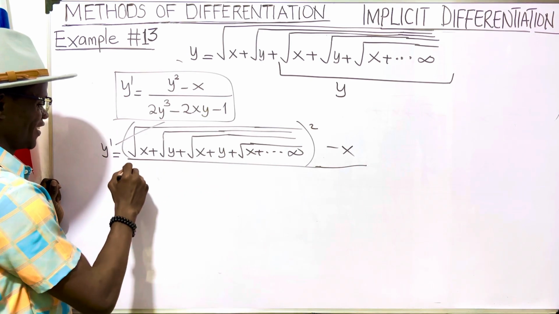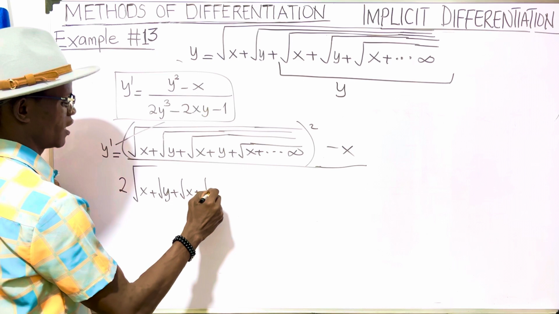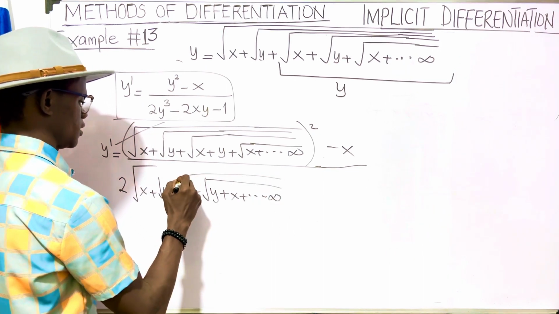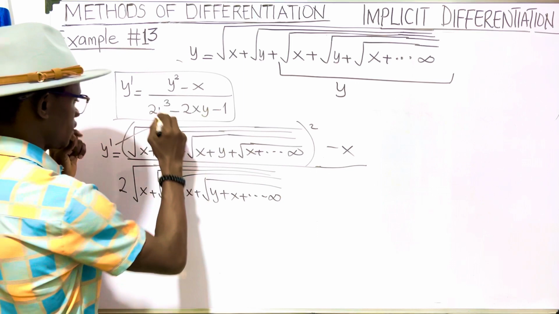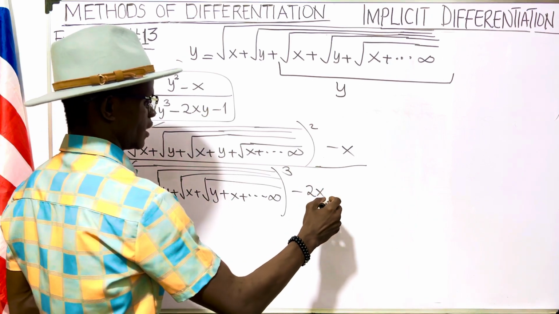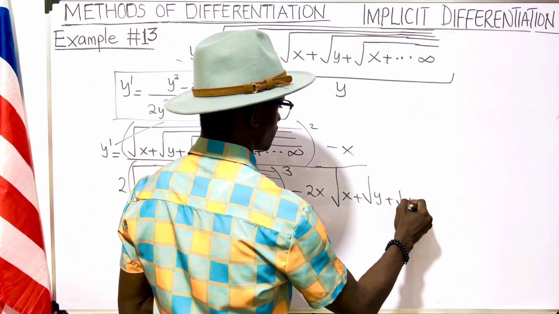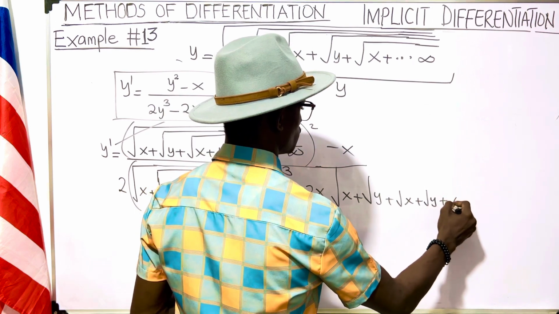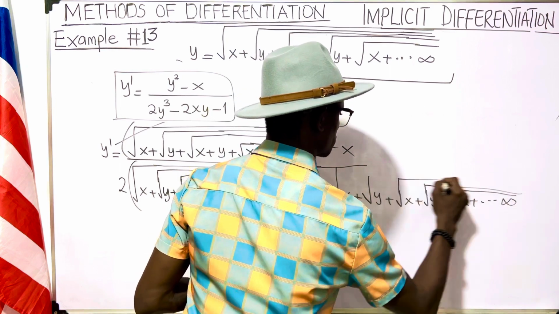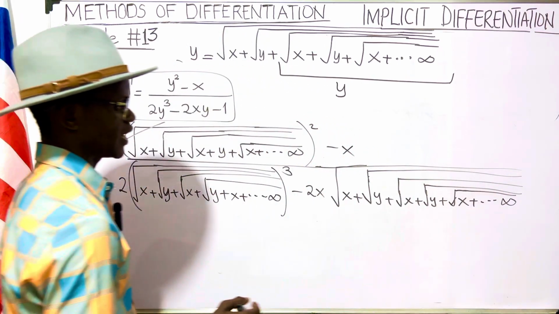So it's 2 times the root of x plus the root of y plus the root of x plus the root of y plus the root of x plus dot dot dot all the way to infinity, raised to the third power, minus 2x times x plus the root of y plus the root of x plus the root of y plus the root of x dot dot dot to infinity. And then minus 1 at the end.